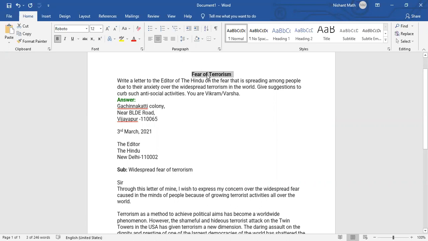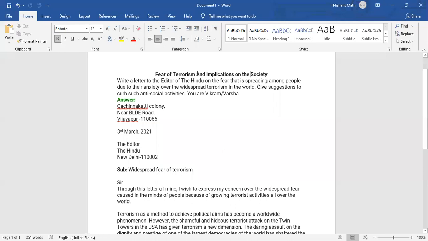But the other words or other parts of that particular heading will be capital. Suppose "Fear of Terrorism" and the heading goes with this, "Society Issues," in the sense of implications on the society.